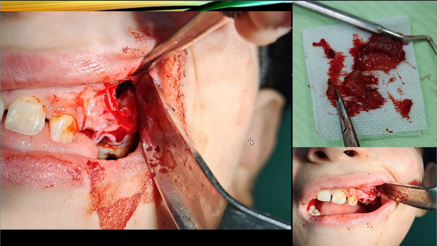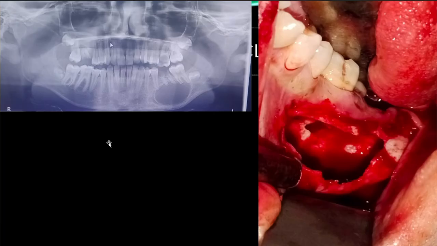Now we remove the whole cyst and did suturing with the extraction. Here is another case, a radicular cyst related to the lower 6 roots, pressuring the ID nerve. We extracted the 6 and we did enucleation for the lesion with observation of the ID nerve.